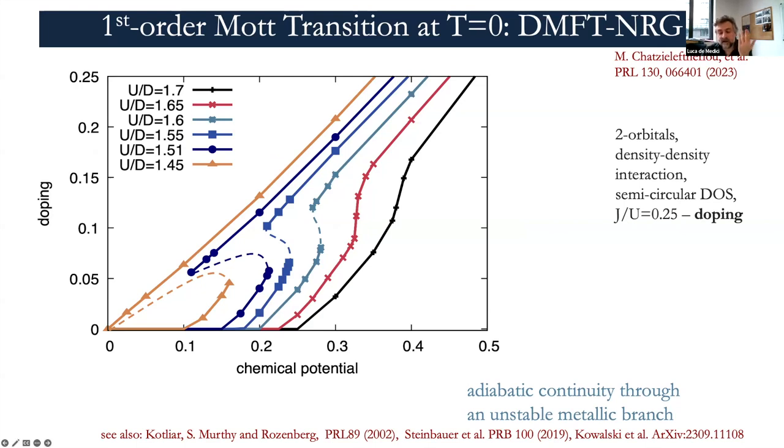And once you increase the interaction and go beyond a larger value than the U for the coexistence zone, this sigmoidal shape unfolds more and more until, for some larger U, the dependence of doping on the chemical potential becomes monotonic again, and then you recover a normal metallic solution for the whole range.